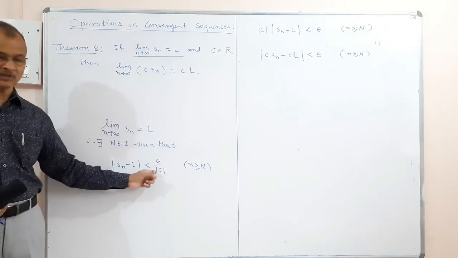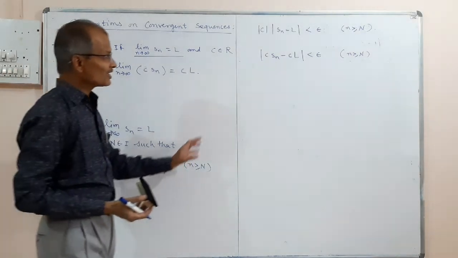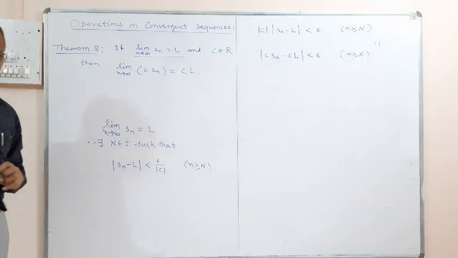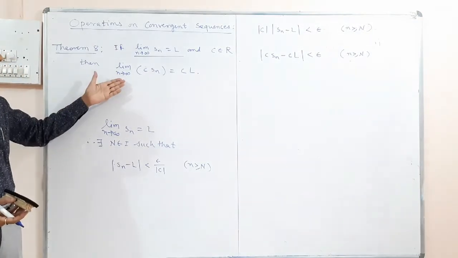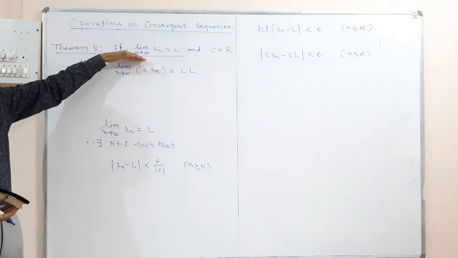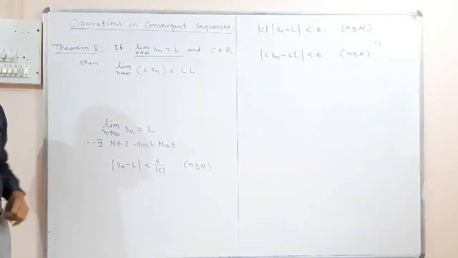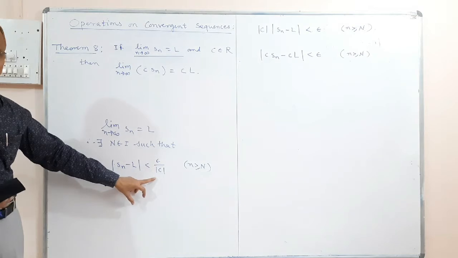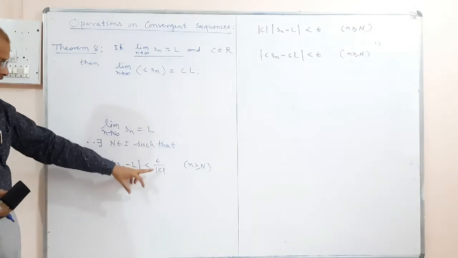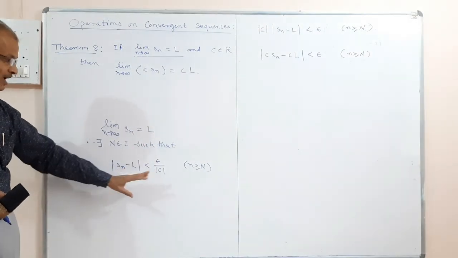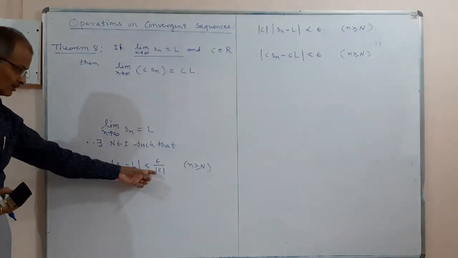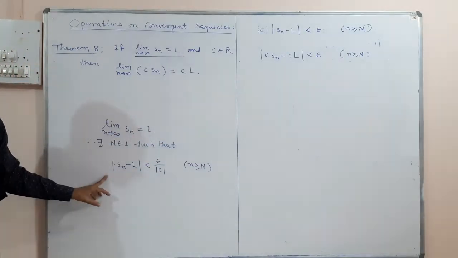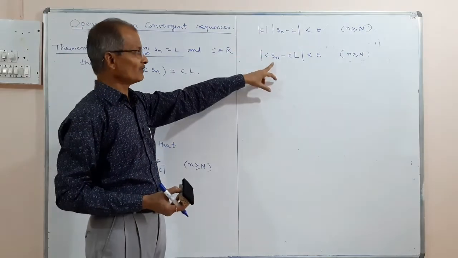Why have we considered epsilon divided by mod C? Because we want the final result in this form, and C is a constant. This is for a single sequence. In the earlier theorem there were two sequences Sn and Tn, and we considered epsilon by 2 instead of epsilon. Here we have considered epsilon divided by mod C, and then multiplying both sides by mod C, we will get this step and then this.